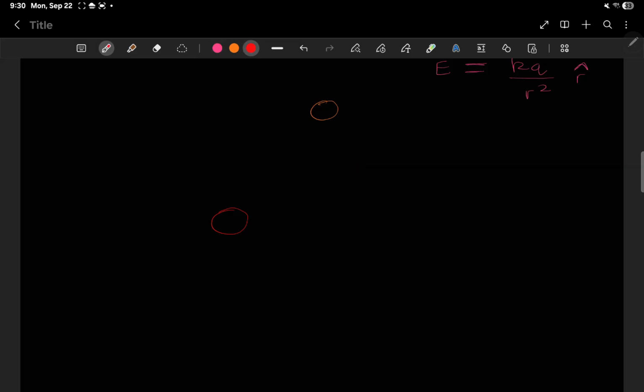So basically our equation for the electric field experienced by this red charge would be this. That charge there is the charge in the red guy's vicinity, which is the orange charge here.